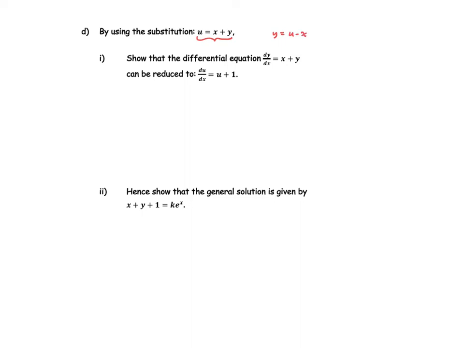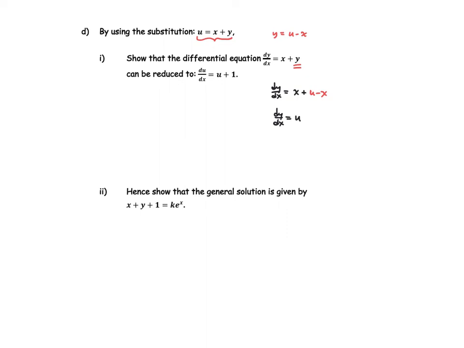So I'm going to do a quick substitution here, showing that dy/dx is equal to x plus u minus x. Okay, interesting. So that tells me that dy/dx is then equal to u.